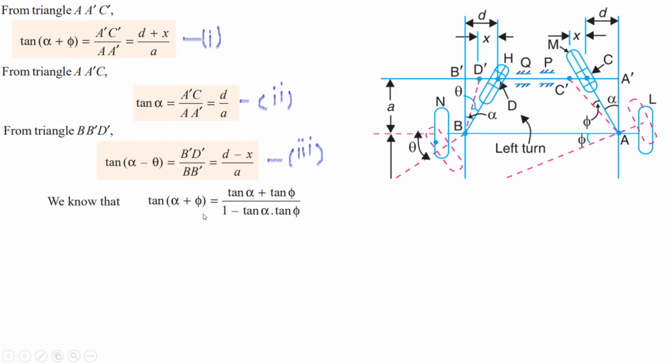So put the values here. Tan alpha plus phi is D plus X upon A. What is the value of tan alpha?